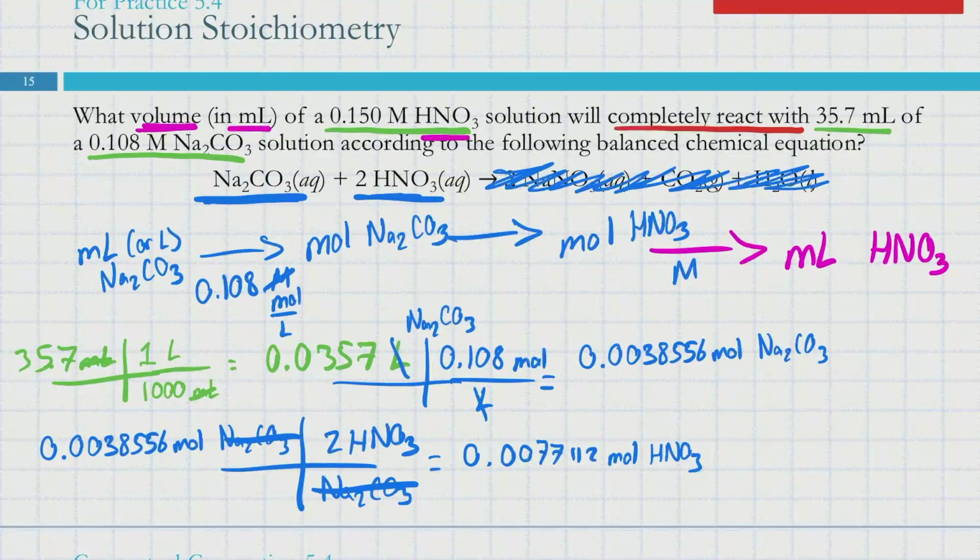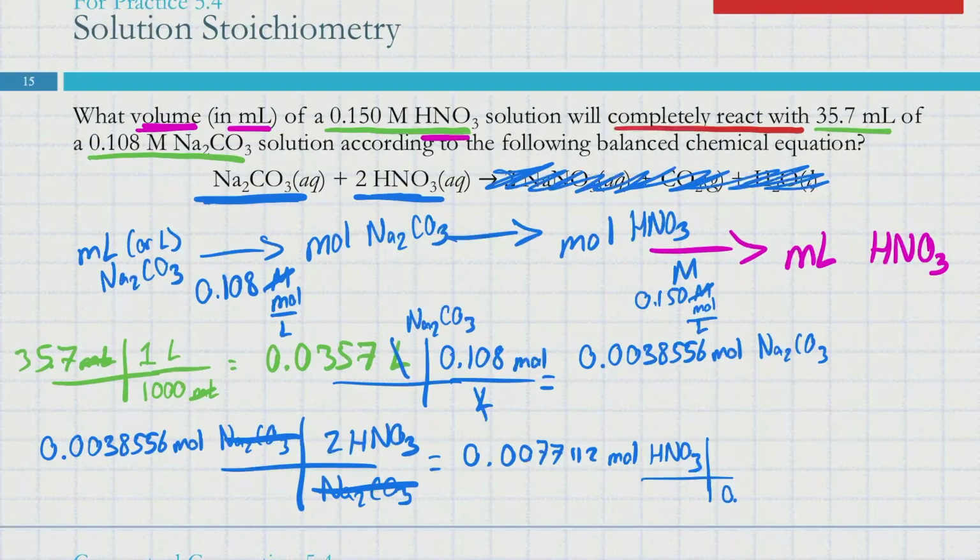We've got moles. We want to get to volume. We have molarity. So the 0.150 molar, remember, molar is moles over liters. We have moles. We want to get rid of moles. We divide by molarity. So the moles part of the molarity goes on the bottom. The liters goes on the top. You could also rearrange our equation if you wanted to.